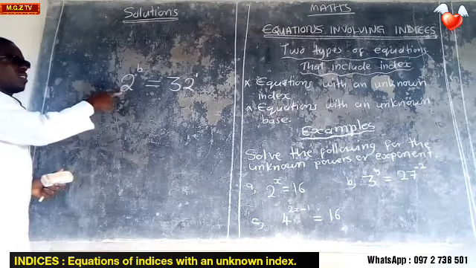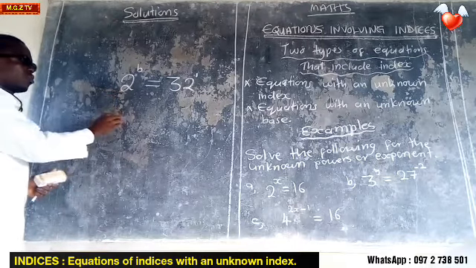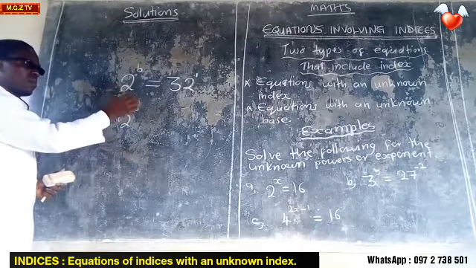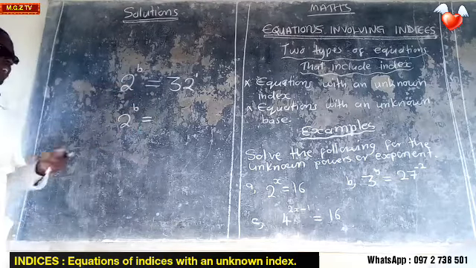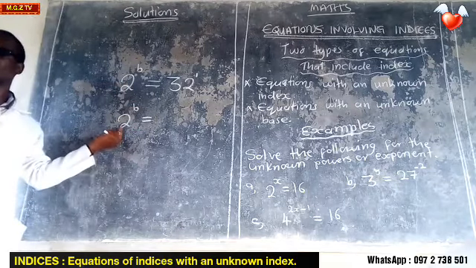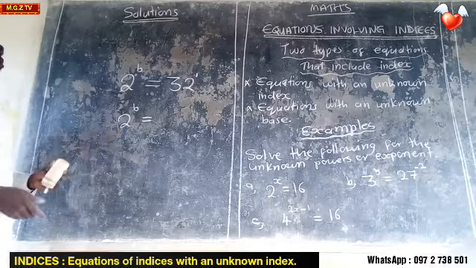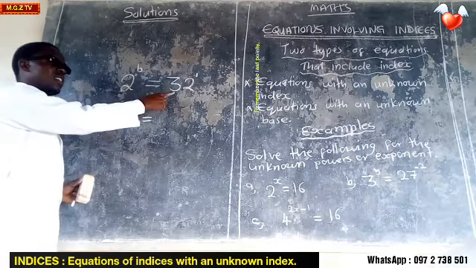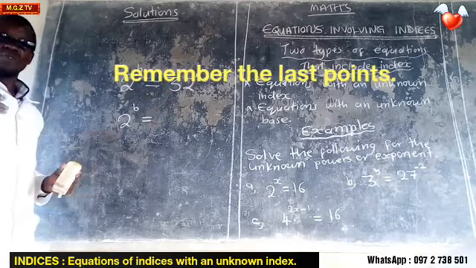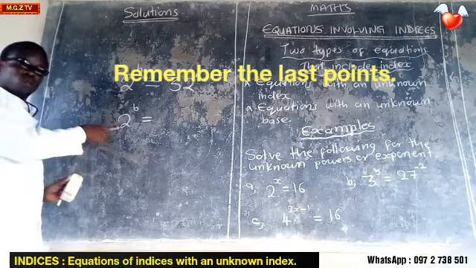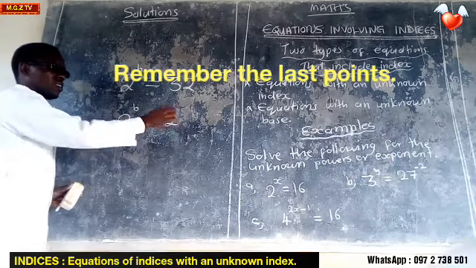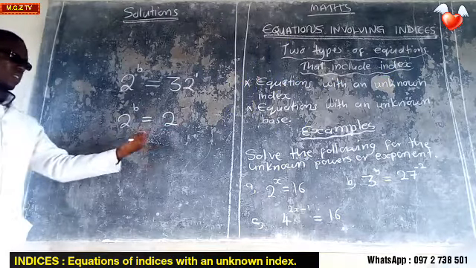In this case, the base on this side is 2 to the power b, and we know that 2 is the smallest number. When you come to this side, here is 32. So what you do first is to write a 2 on this side, and now the bases are equal.